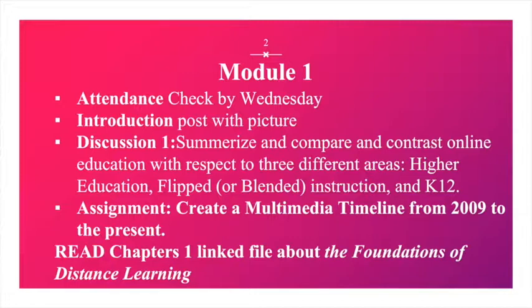Then discussion 1 will be where you summarize and compare and contrast online education with respect to 3 different kinds of students. So there's going to be what's happening in higher ed, and then what's happening with flipped or blended instruction, and that can either be in higher ed or K-12, your choice.